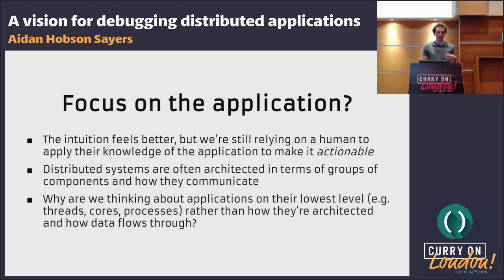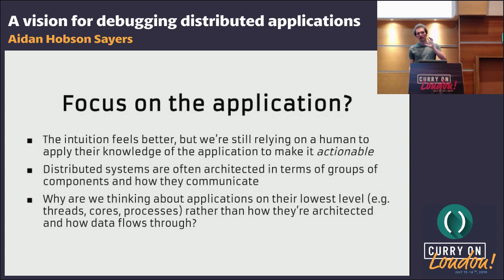So it's a better representation, but maybe it doesn't move the needle so much on actually getting us to a place where we can take our distributed system in peril and go, right, this is how I'm going to fix it.